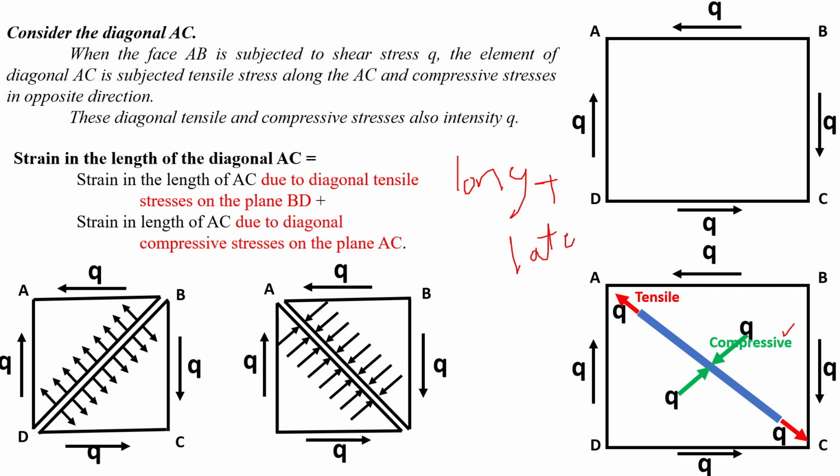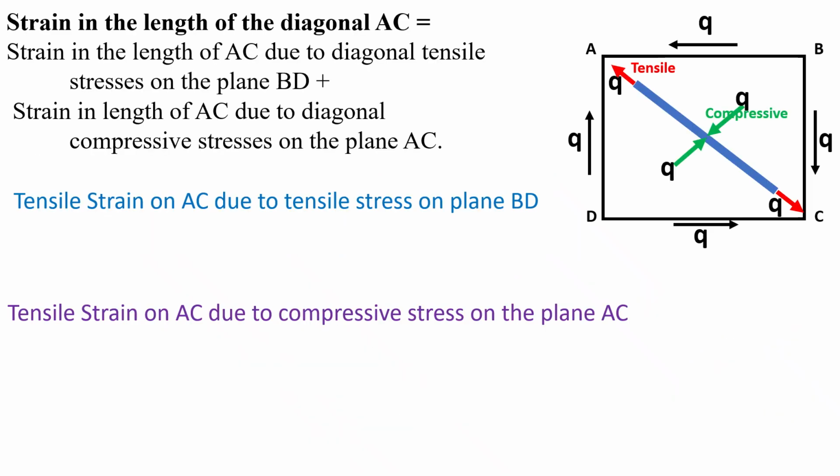So I have to determine the longitudinal strain and also the lateral strain for the diagonal AC. Then the total strain of the diagonal AC equals the longitudinal strain plus the lateral strain. The longitudinal strain is the tensile strain on AC due to tensile stresses on plane BD, and the lateral strain is the tensile strain on AC due to compressive stresses on the plane AC.